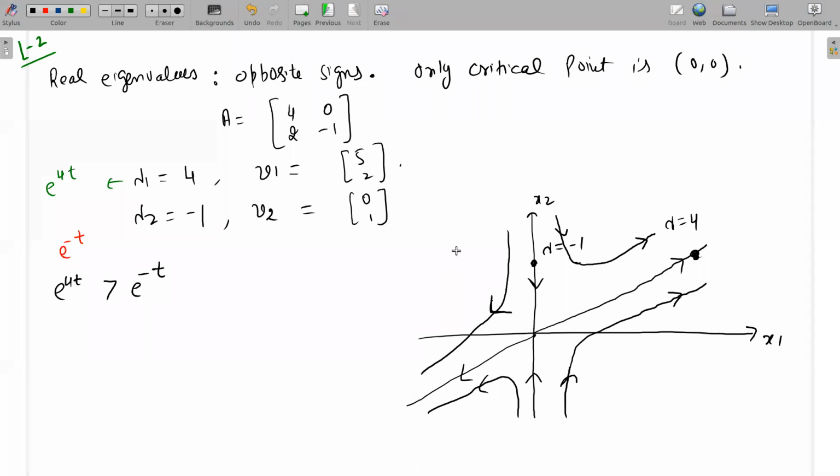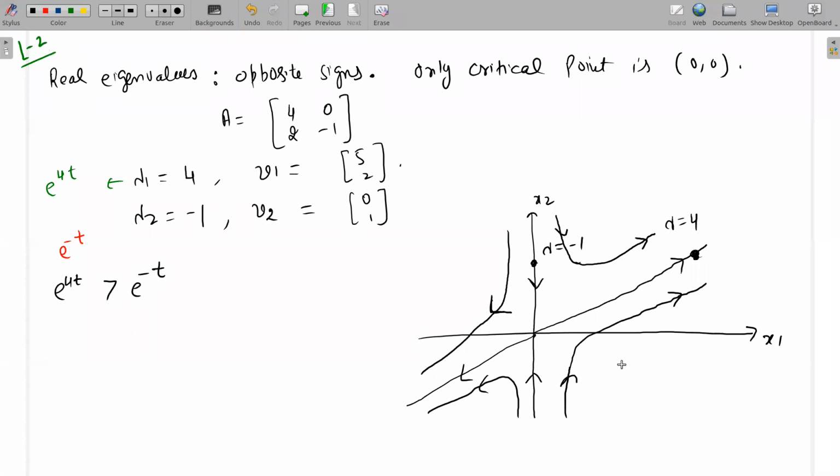Why is it 0? If you take the determinant of A, that is non-zero. So you will get only the trivial solution of Ax equal to 0, that is (0, 0).